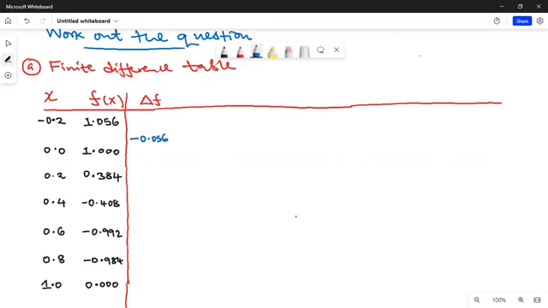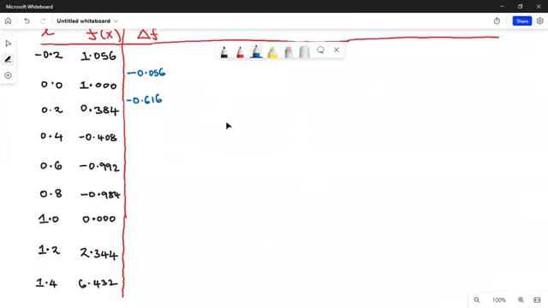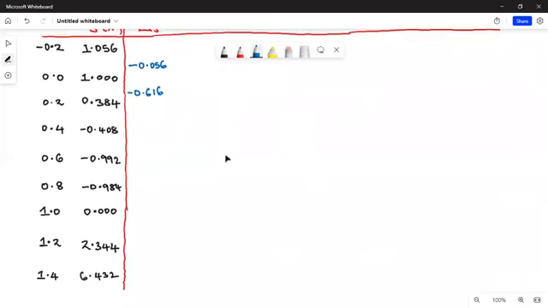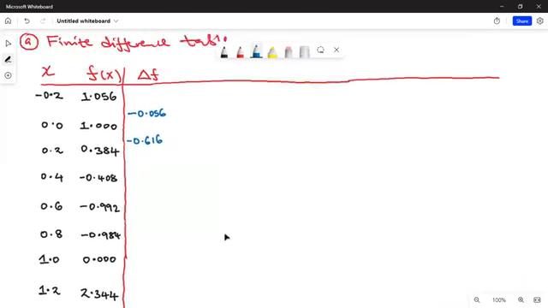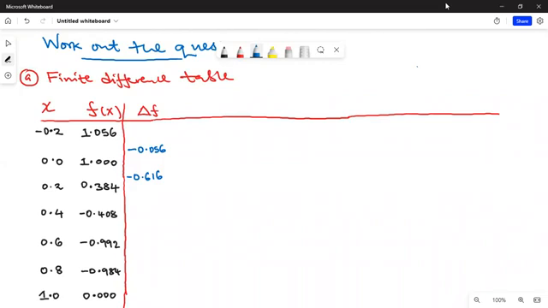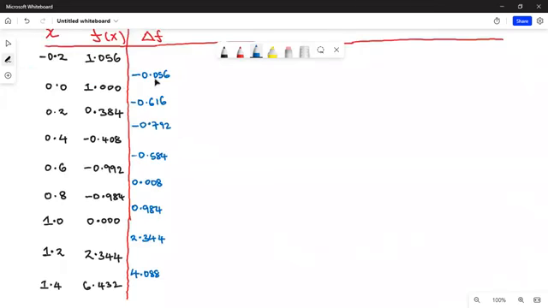That should give us negative 0.616. So proceed with the same subtraction until where we have 6.432 minus 2.344, the next minus the previous, so that you see what you're going to get at the end of it. So these are the values we get under the first order difference column.